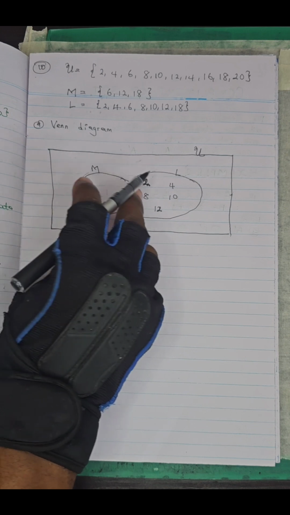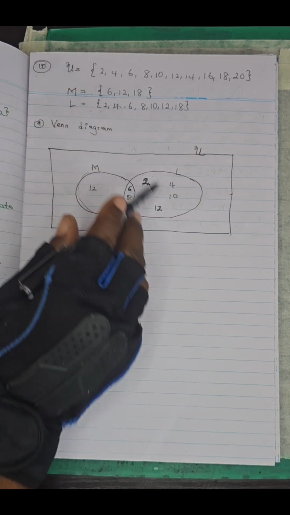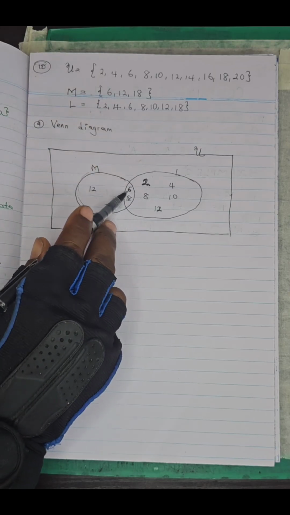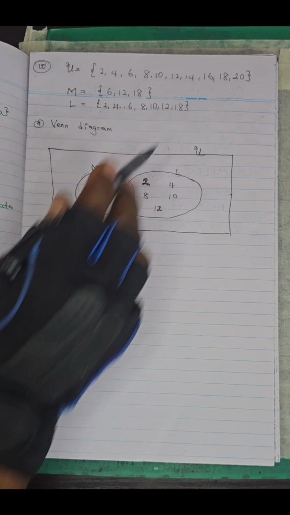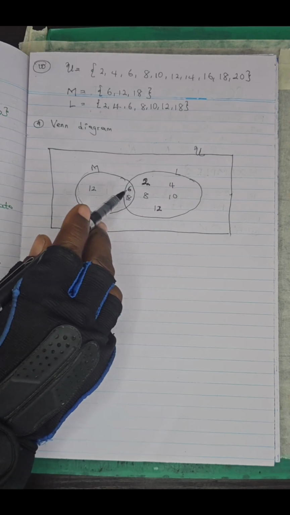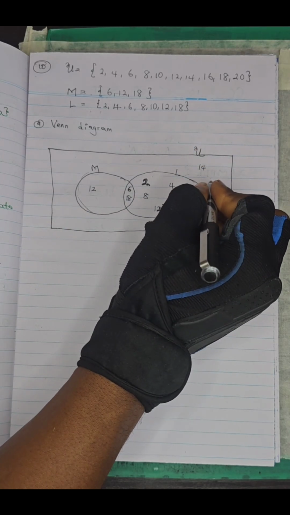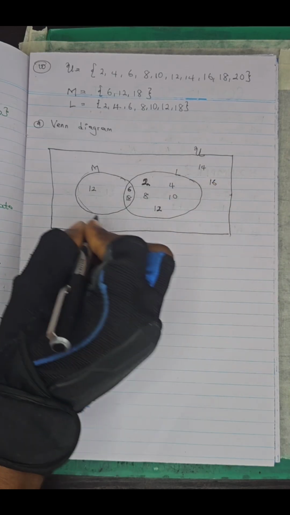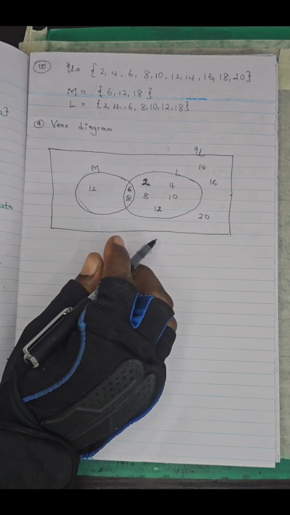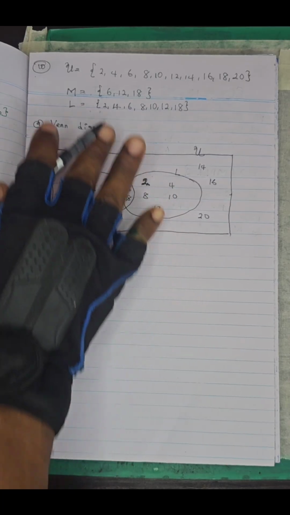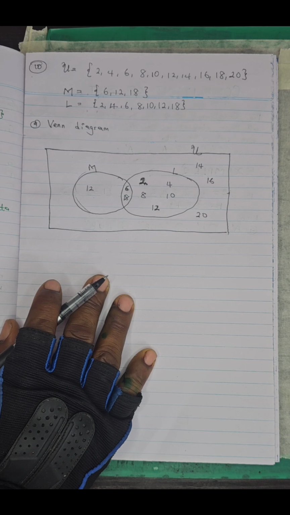Anything that is not inside M and L, you just put them outside. 2 is here, 4 is here, 6 is here, 8 is here, 10 is here, 12 is here, 14, 16, 18 is here so you don't need to write it, then 20. This is your Venn diagram representing this set that we just finished doing.